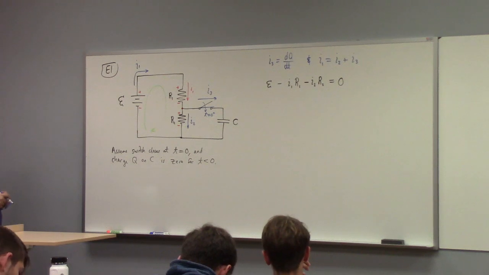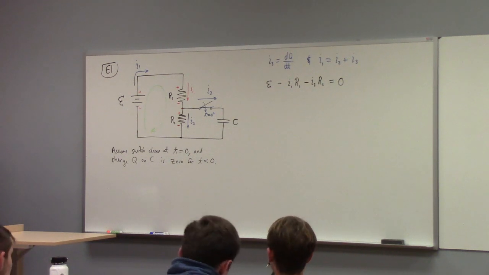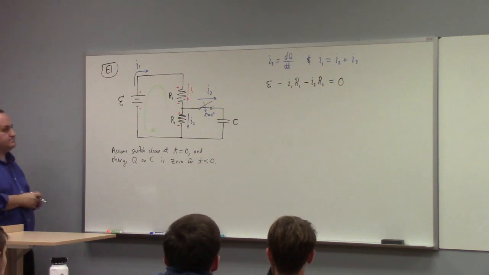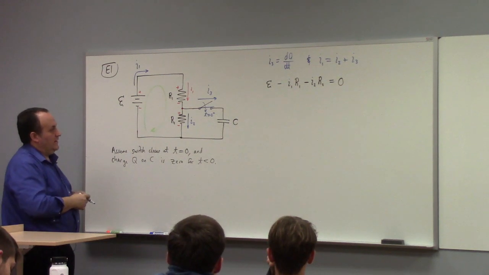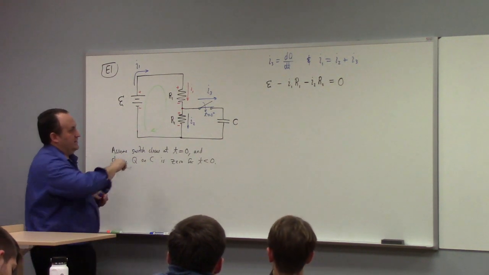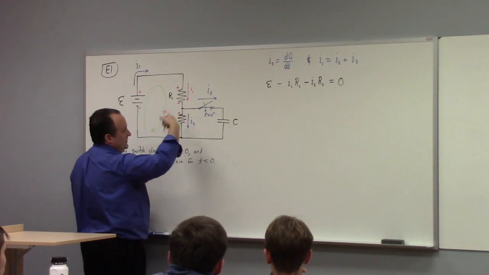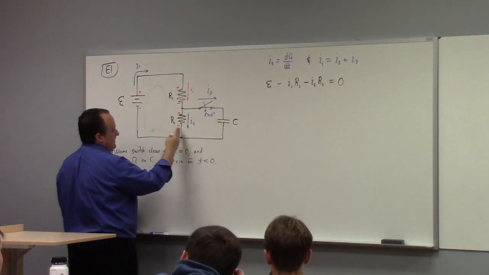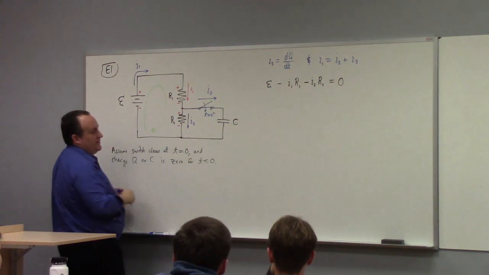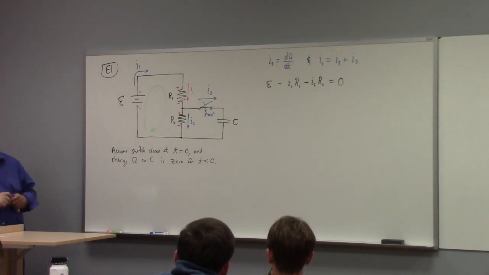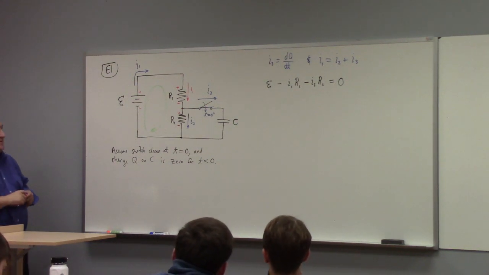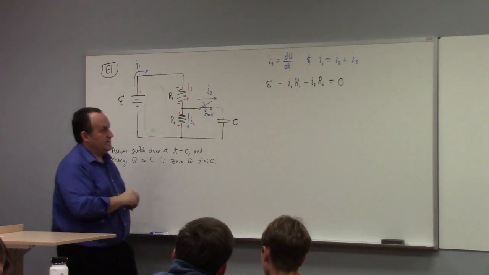And what else can you see here? I mean, we could write down a loop equation, but when I have something like this, I've just got two elements that are in parallel. So it's more natural to me there simply to write down I2 R2 equals what?